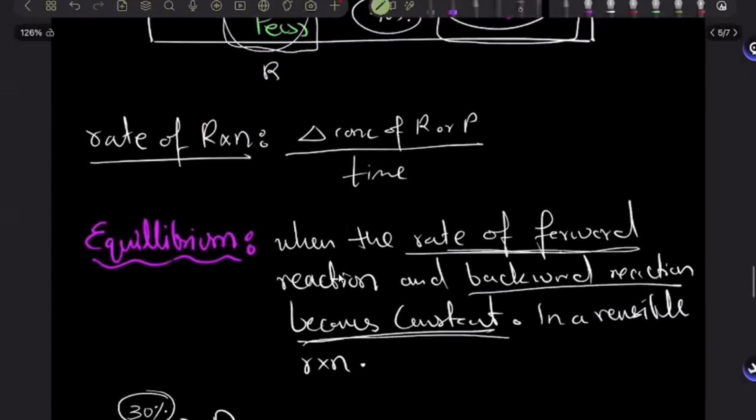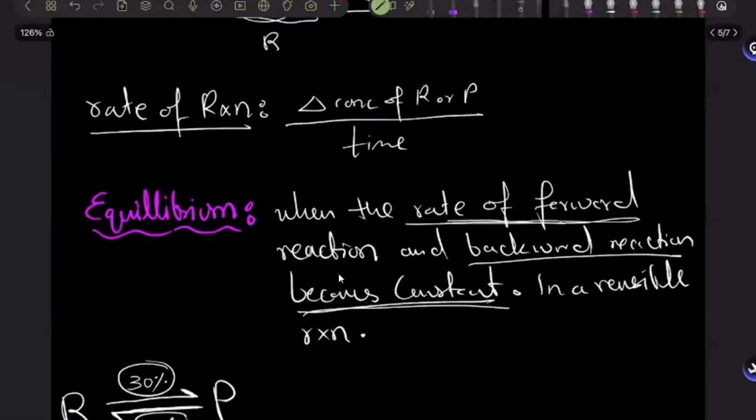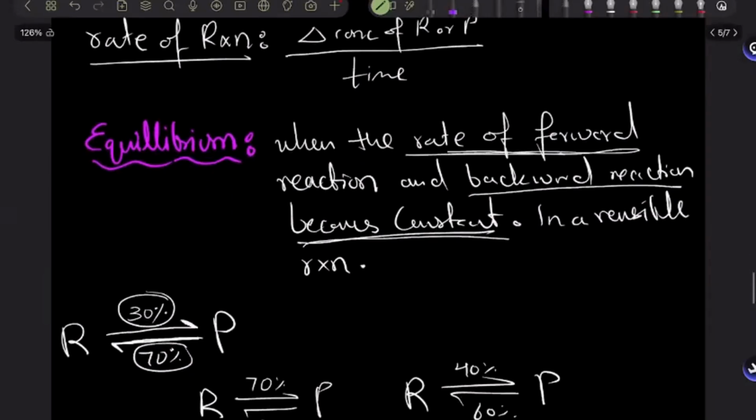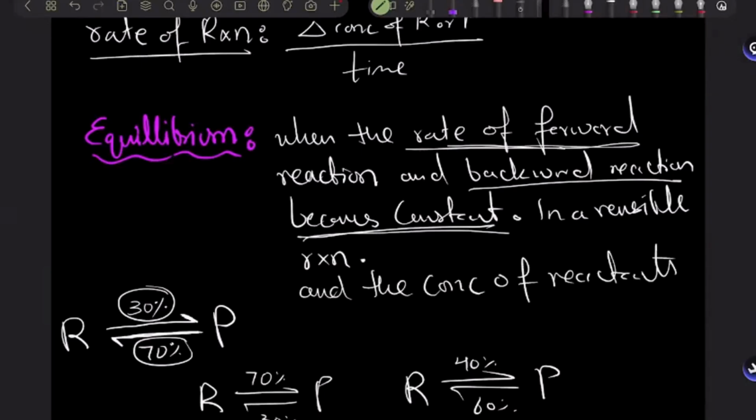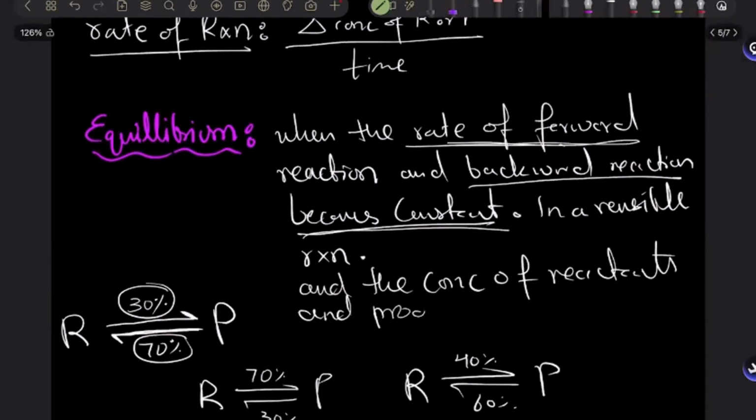So equilibrium was when the rate of forward and backward reaction becomes constant in a reversible reaction. But remember that the concentration of the reactants remains constant. The concentration does not change for the reactants. So let's add: and the concentration of reactants and products remains constant.